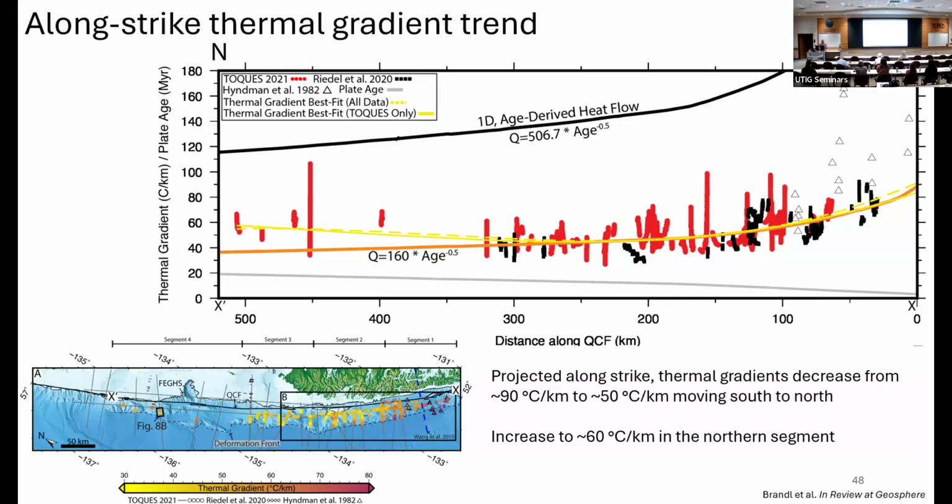The biggest takeaway here is when you project the BSRs along strike, we see this pretty significant decrease from about 90 degrees C per kilometer to about 50, moving south to north. And then we see this increase moving into the northern section of the fault. Now, as I mentioned, the legacy study using the legacy seismic data would have just been these black dots, and they were able to partially capture this trend. But with the new data from TUCS, we really fully illuminate what this trend actually looks like.